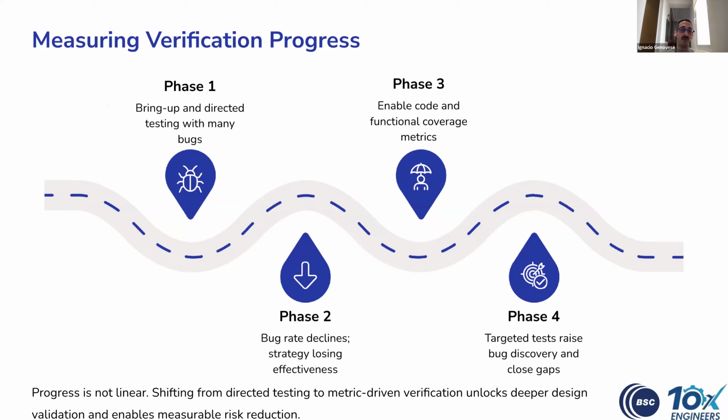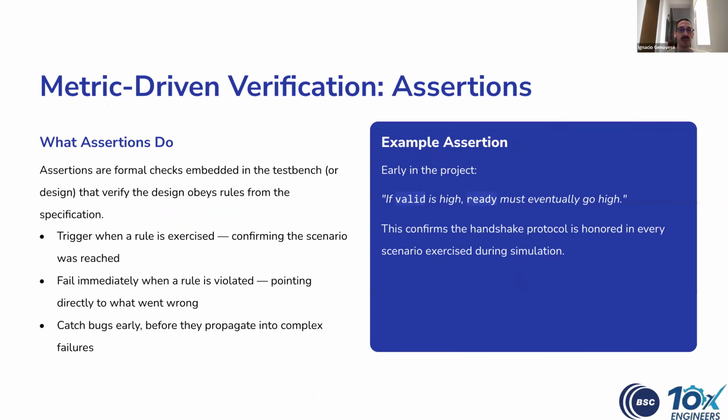Here we might expect the bug rate to increase again, meaning that our verification methodology is working. We start exercising scenarios that were not previously hit, and we start finding new bugs. This metric-driven approach unlocks deeper design validation, and it enables measurable risk reduction.